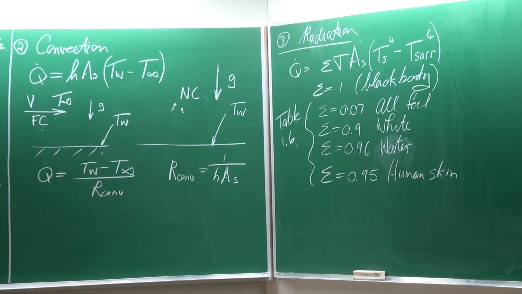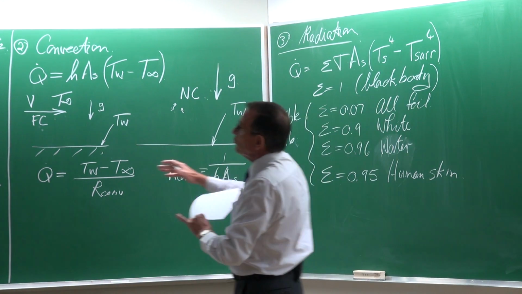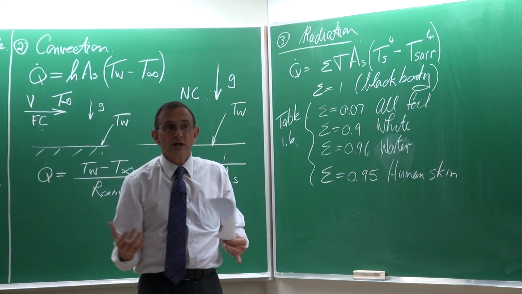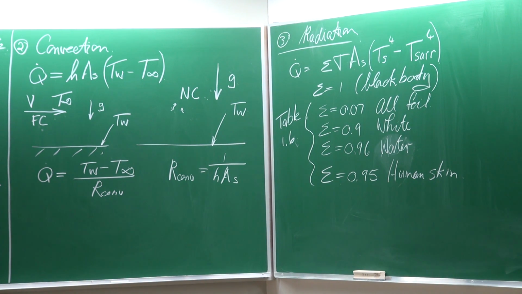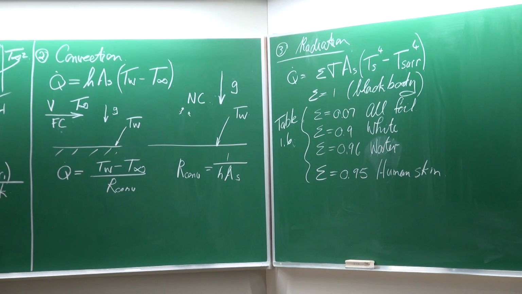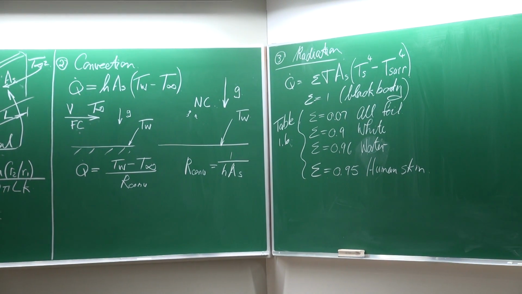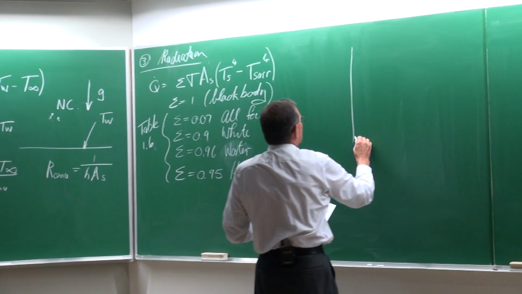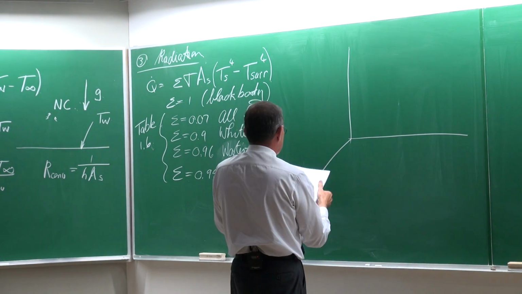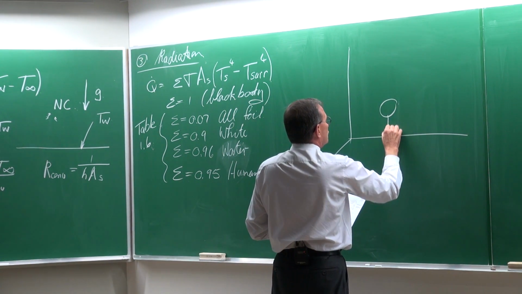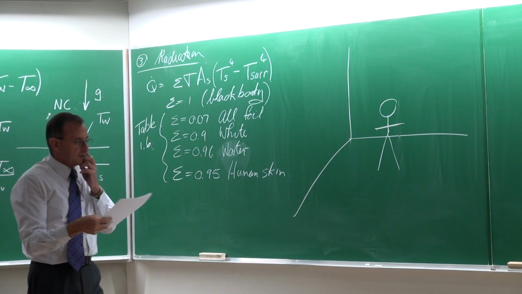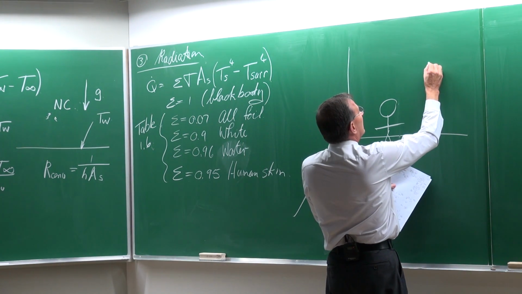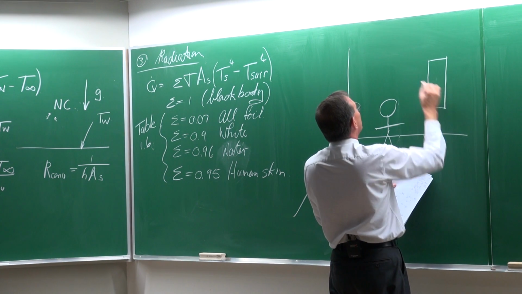Okay, now in many cases, these heat transfers do not occur on their own. In many cases, we've got a combination of the heat transfers. For example, and I think you've all experienced that, we are going to look at a room, and you're going to stand in the room without your clothes on, and now this is the thermostat of your air conditioner.